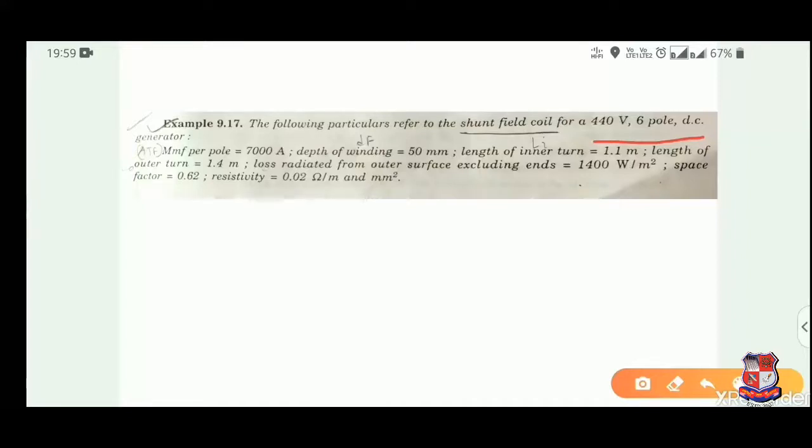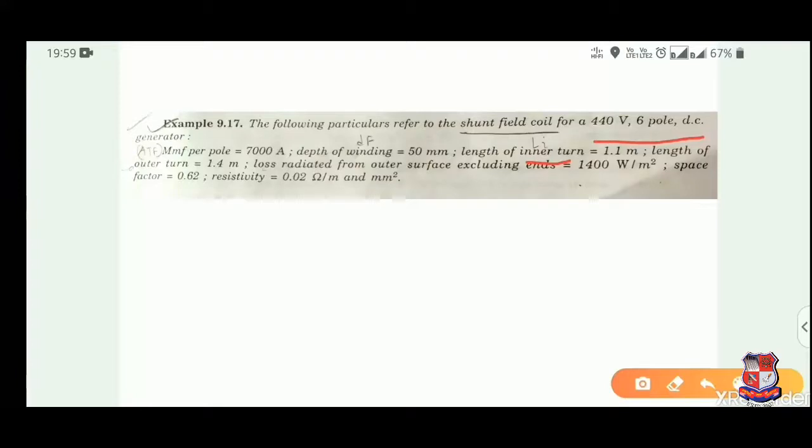We have already seen that. The depth of the winding is the DF, the length of the inner turn Li, and again the length of the outer turn Lo are given. Loss radiated from the outer surface excluding ends is 1400 watt per meter square. Space factor SF is given.